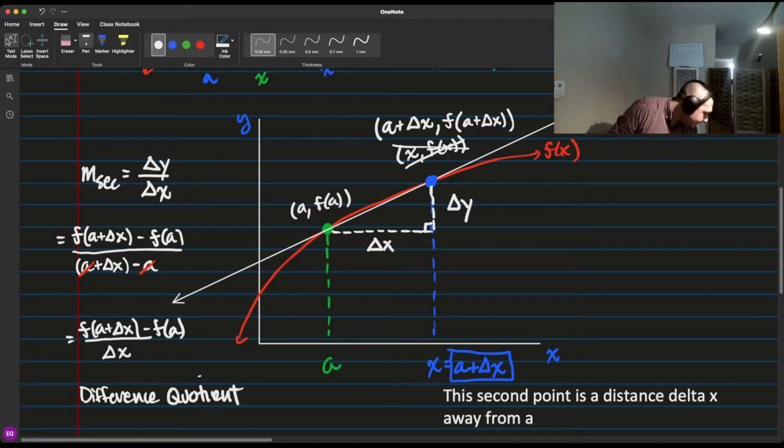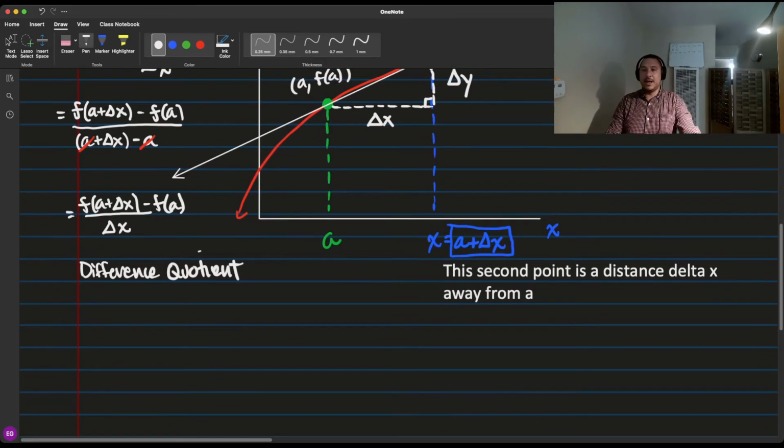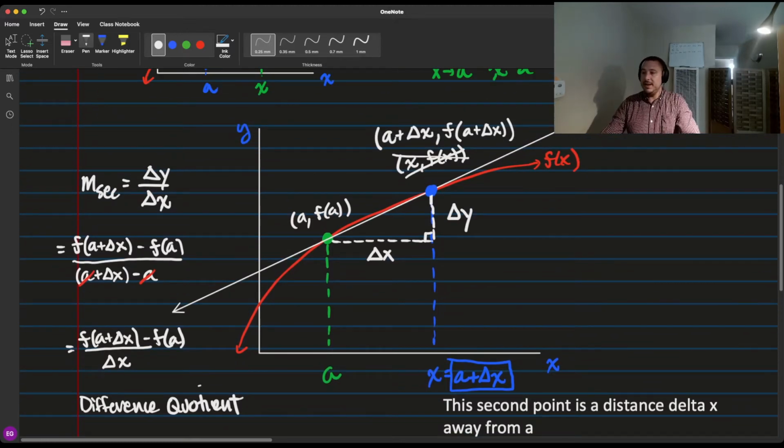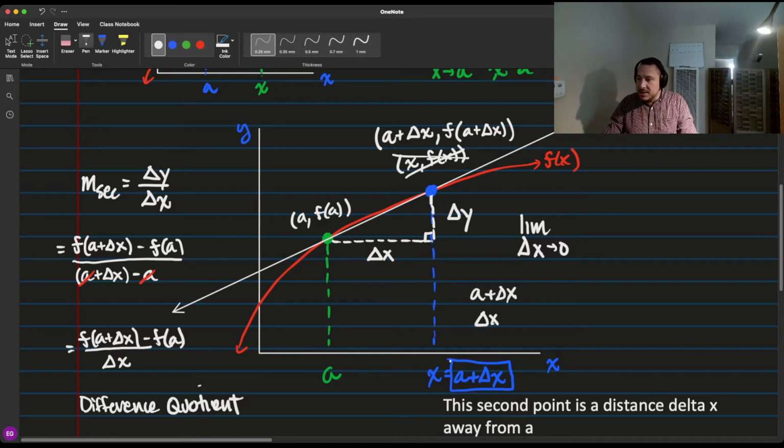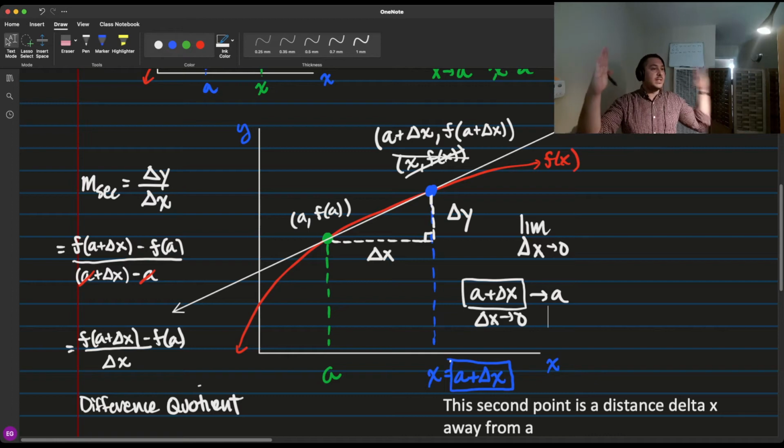And what's cool about this is that if you take the limit as delta x goes to 0, in other words, if we had 2 points, a and a plus delta x, if delta x goes to 0, what literally happens to a plus delta x? Like, if delta x goes to 0, what does a plus delta x become? A. So in other words, we end up going from 2 points to 1 point, right?